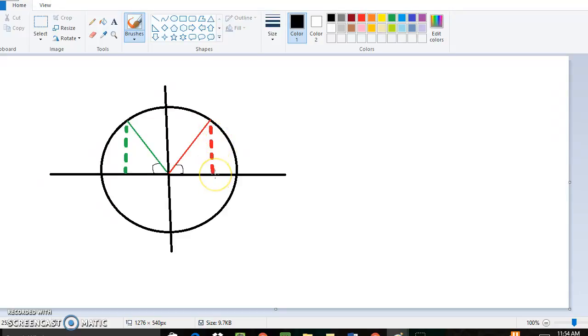But if you double this angle, we are in the second quadrant now, and the x coordinate is now on the negative line. Therefore, we have the negative value.